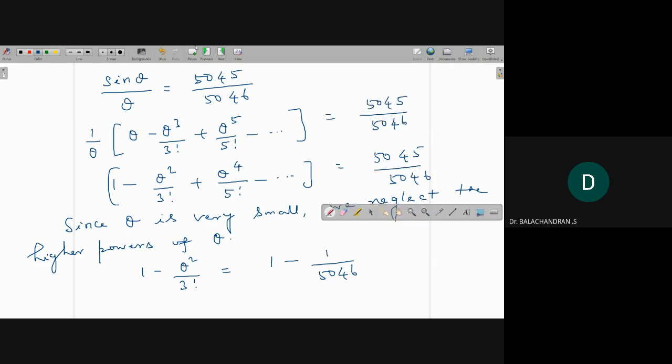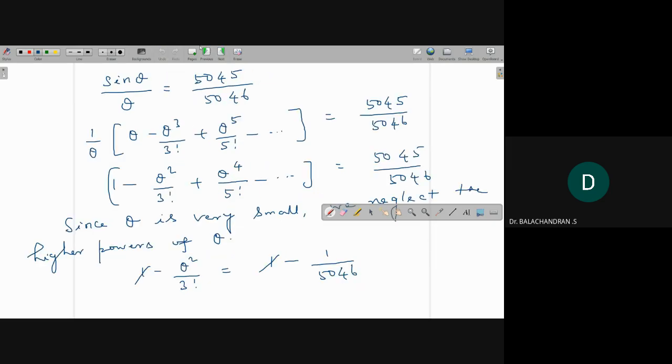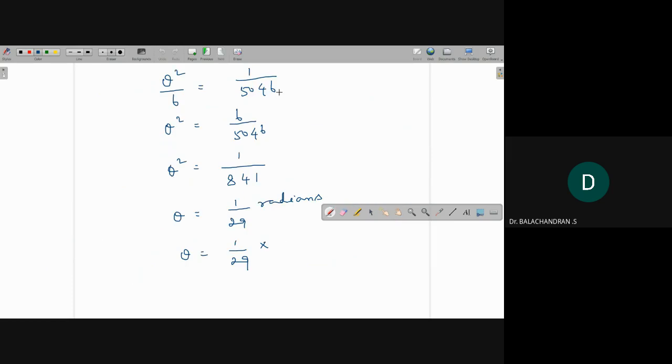So what is the next step? You can cancel 1 and 1, and then theta square by 6 is equal to 1 by 5046. I think the remaining everything is correct. So now theta equal to 1 by 29 radians.